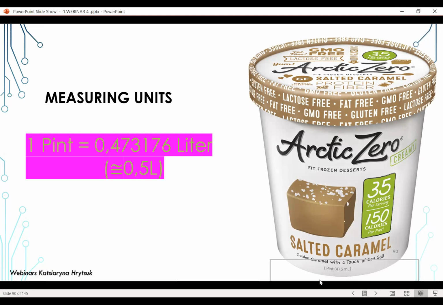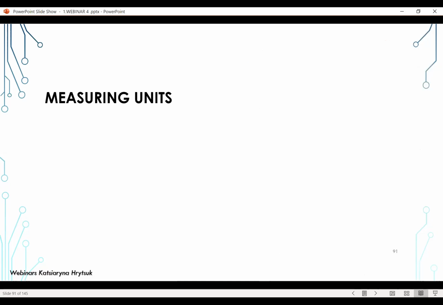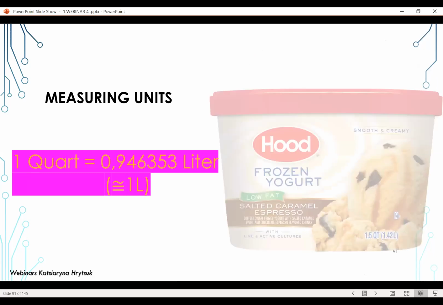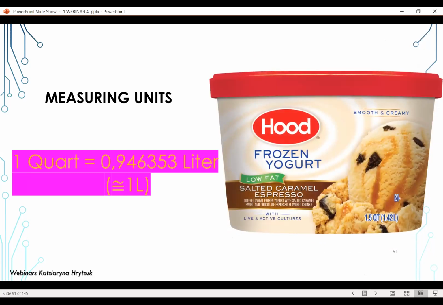Next, quart. You also can see quarts on ice cream, like 1.5 QT. One quart is about 0.95 liters, so it's almost 1 liter.